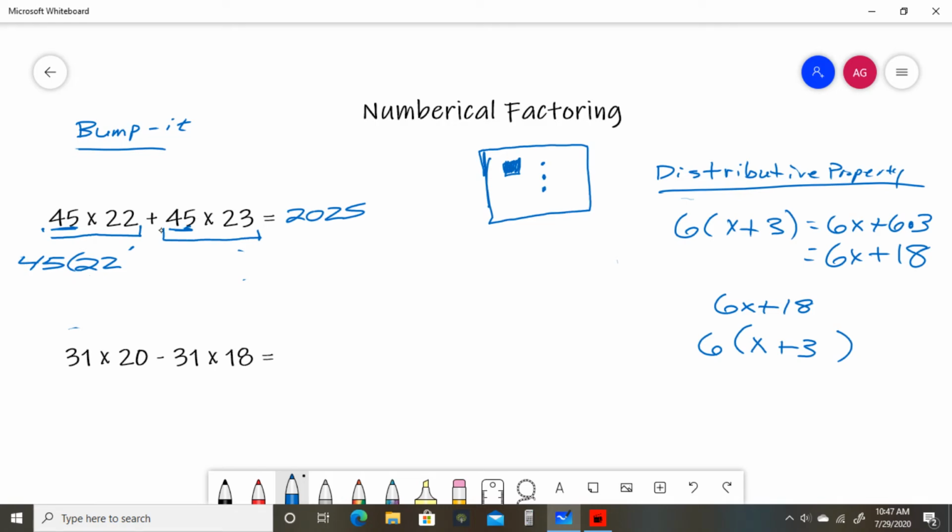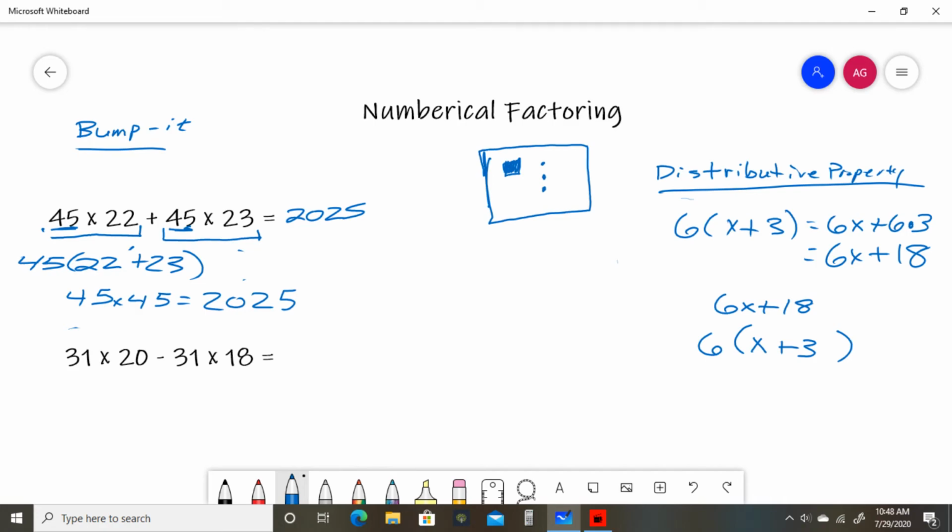And then a 45 out of 45 times 23, you get a 23. So if you have 22 45s and you're adding 23 45s, you're going to end up with 22 plus 23, 45 45s. Once we multiply those together, we get 2025.